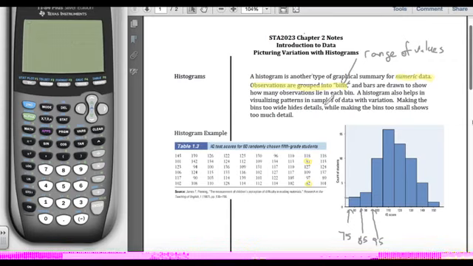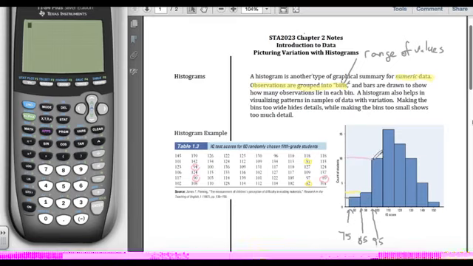The next bar, slightly higher, looks like it's 3. I should find 3 data pieces between 85 and 94. Here's 94. Here's a 90. There should be one more. Here it is, 89. That's why this goes up to a height of 3.